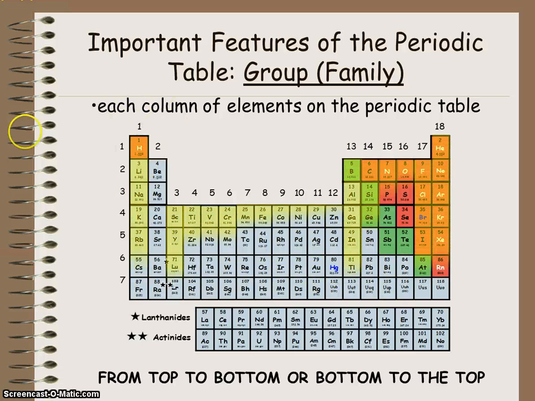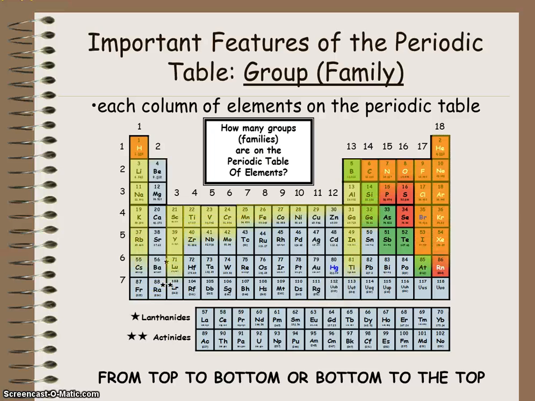You can see that there are 18 groups or families, starting with 1 and moving all the way over to 18. 1, 2, 3, 4, 5, 6, 7, 8, 9, 10, 11, 12, 13, 14, 15, 16, 17, and 18. 18 groups or families on the periodic table, and they are the columns, folks. They are arranged that way for very specific reasons, and I'm going to tell you what those are.